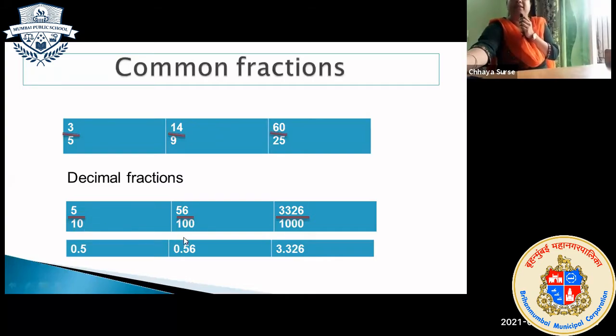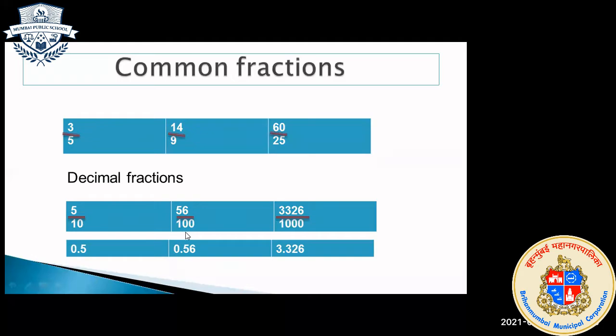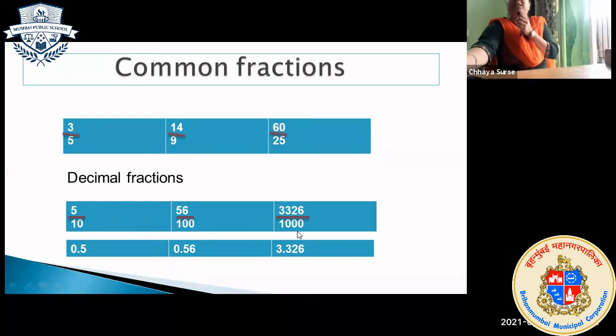Here 10 has one 0, here two 0s, and here three 0s. How many zeros are here? 1. How many here? 2. And here? 3. So in decimal fractions, the denominator is always a power of 10.